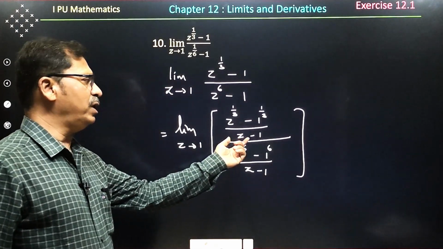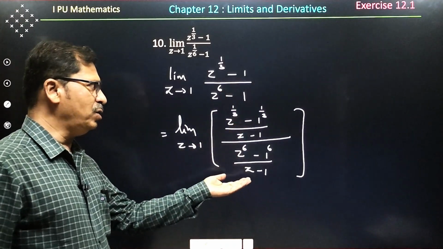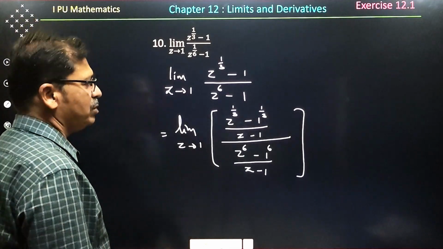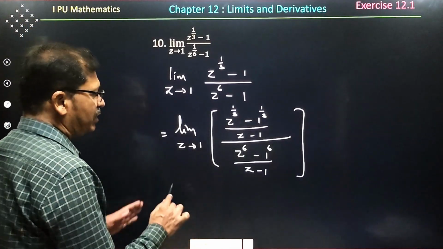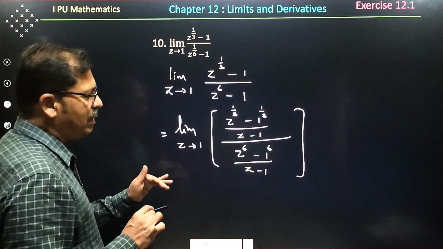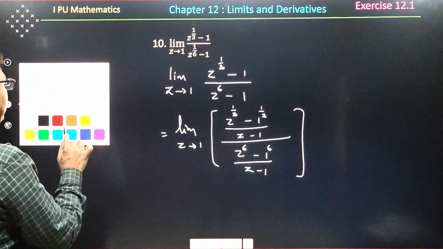Whatever division you have done, z minus 1 for the numerator term, that is done to the denominator also. So the term will be balanced. No need for any extra term there. Now it is the time to split both. Limit z tends to 1 to both numerator as well as denominator. You are using this basic property, which I would like to recall here.